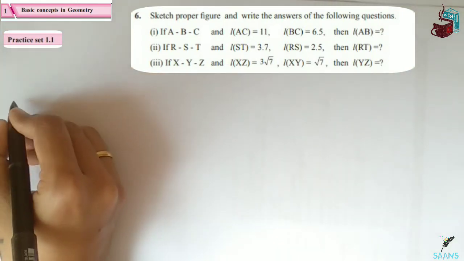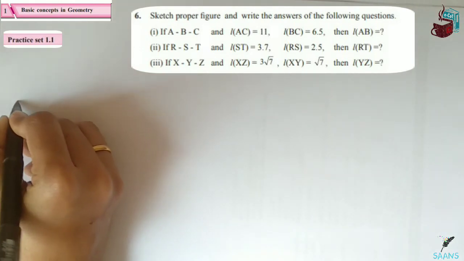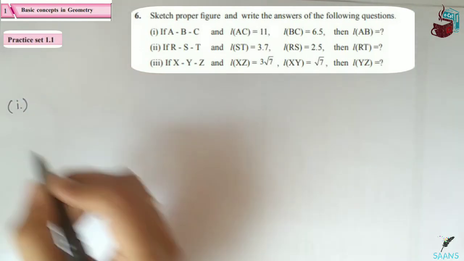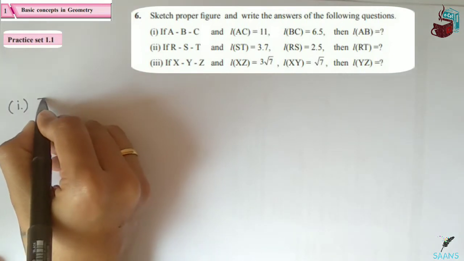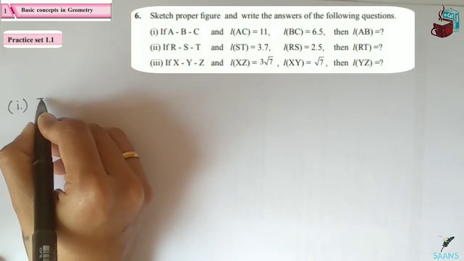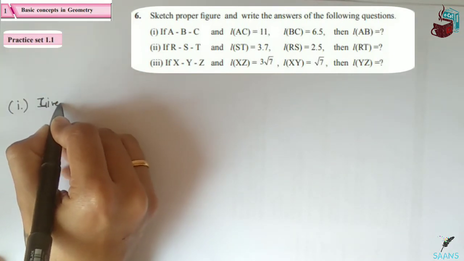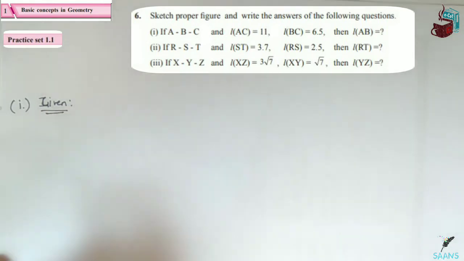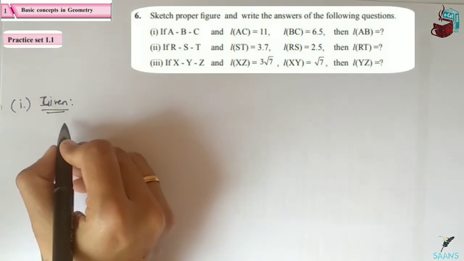So that is the first question of 6. Given this, we'll directly draw the figure. A-B-C is nothing but collinear, on a line, in that particular order. You do not have to change the order.